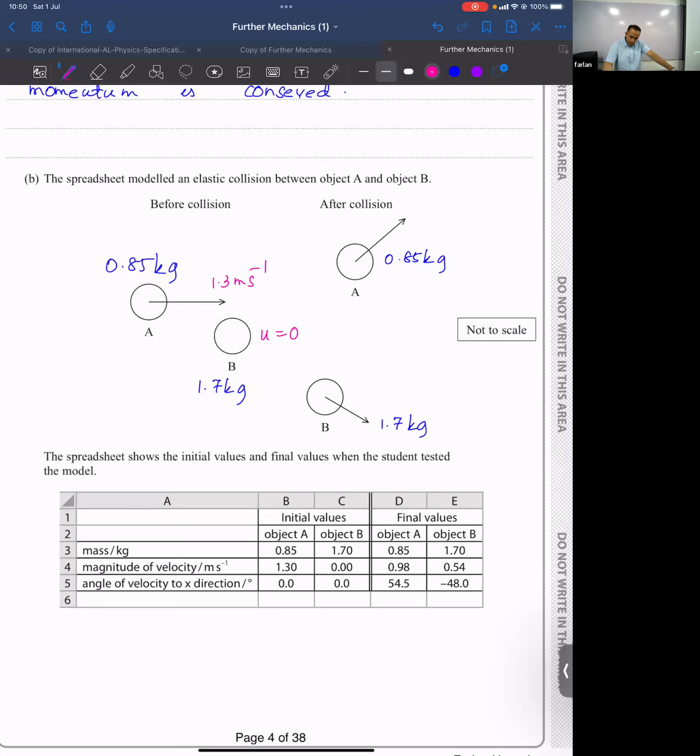After the collision, for A it is 0.98 meters per second, and for B it is 0.54 meters per second.